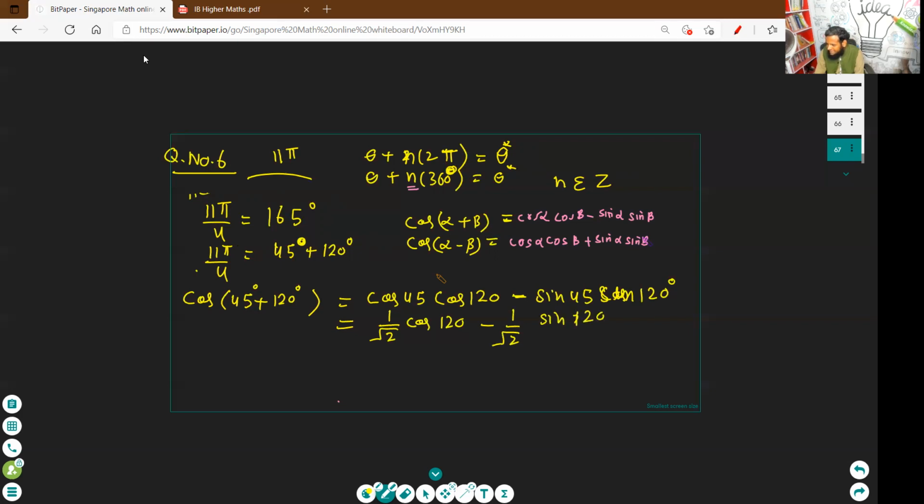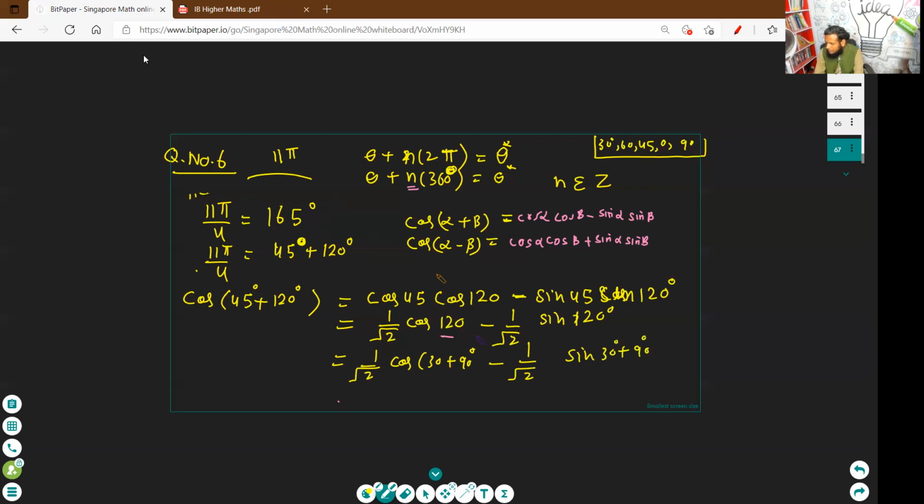Now tell me, change 120 into this form. We have angles 30, 60, 45, 0, and 90. We know the values of these angles. So can you change this cos 120? Cos 120 is cos of 30 plus 90, and sine 120 is sine of 30 plus 90 degree.